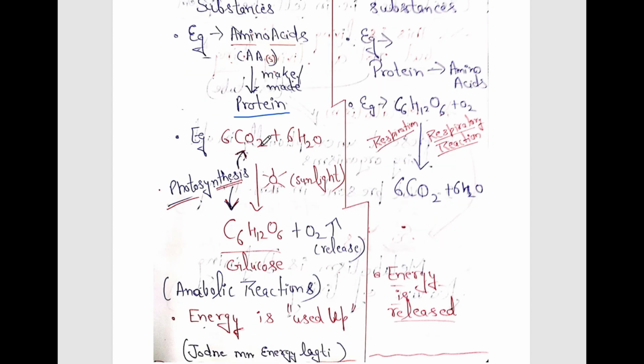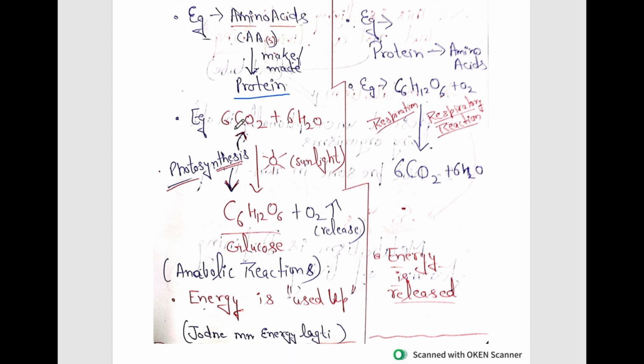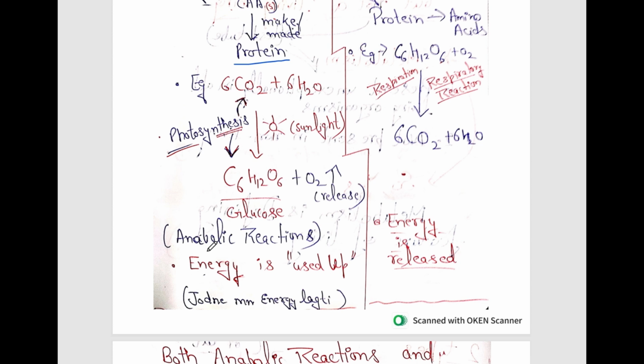You can see here the energy is stored in this process. We can write 6 CO2 plus 12 H2O, then chlorophyll, light energy, enzymes, making C6H12O6 glucose, and then 6 H2O and 6 O2 released. It is the anabolic reaction. Energy here is used up. जोड़ने में energy लगती है.